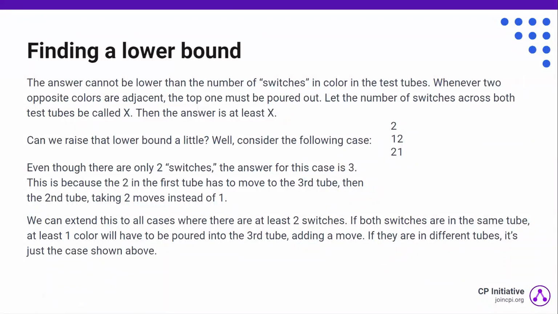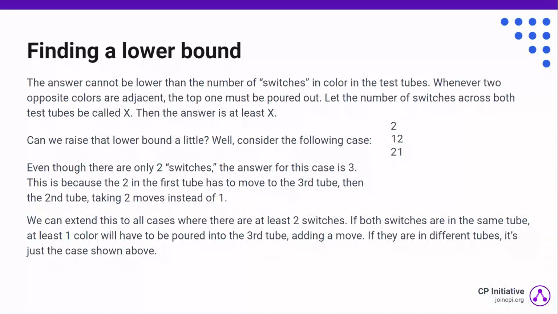We have to pour the 2 out because there's probably some 1 somewhere else that we have to pour into the 1, or we get the 2 into the other 2. No matter what, if two colors of a liquid are in the same tube, we're going to have to pour one of them into the other because the tube can only have one color, right? So let's let the total number of color switches across both test tubes be called X, then the answer is at least X.